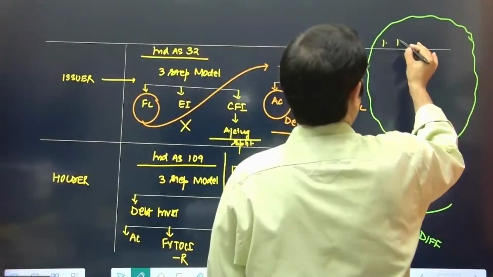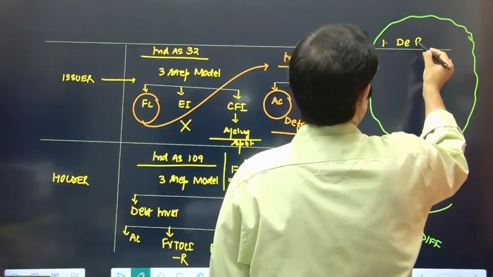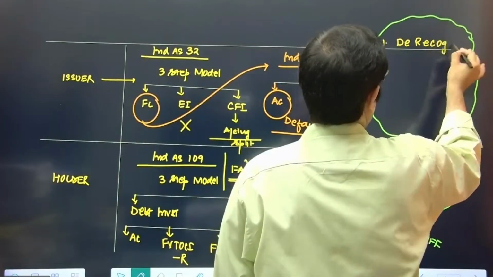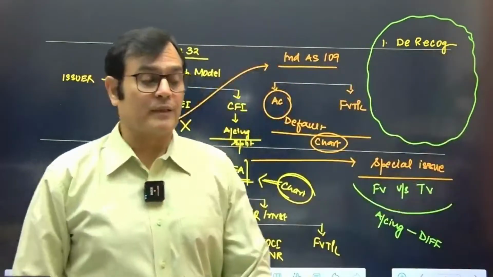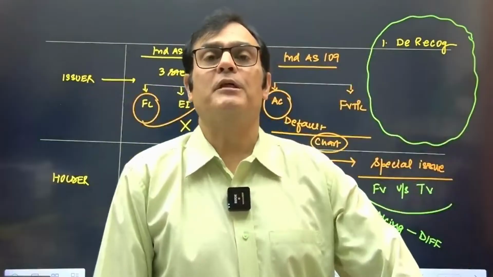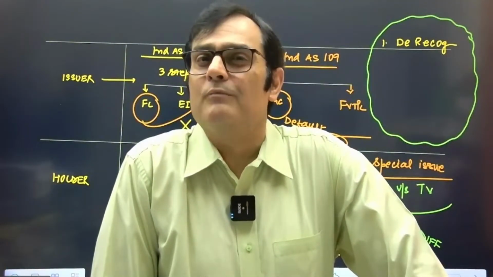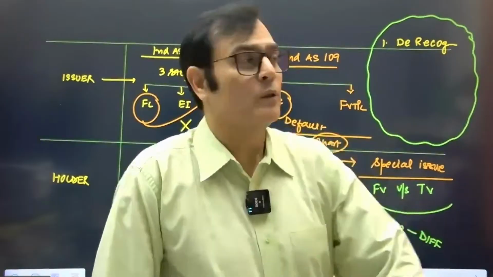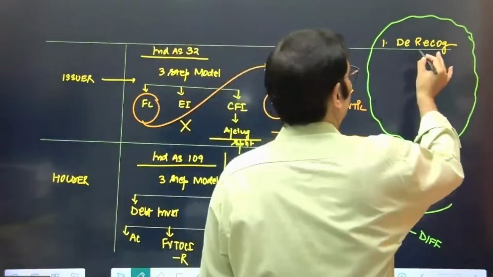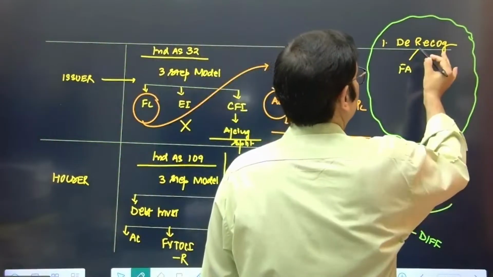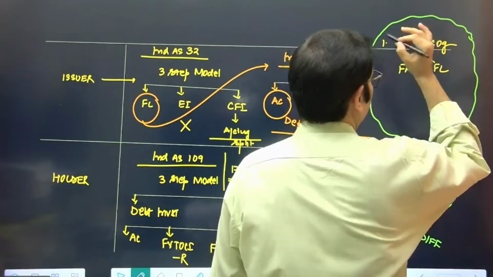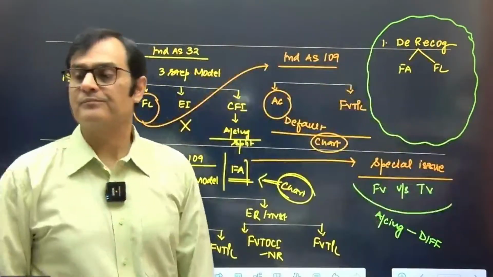The other area of discussion on Ind AS 109 is derecognition. 109 says recognition and measurement. So recognition and measurement is done. Then comes the area of derecognition, where we need to discuss the derecognition principles for financial assets and the derecognition principles in accounting for financial liability.